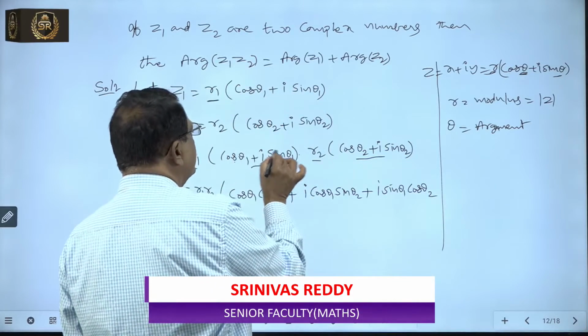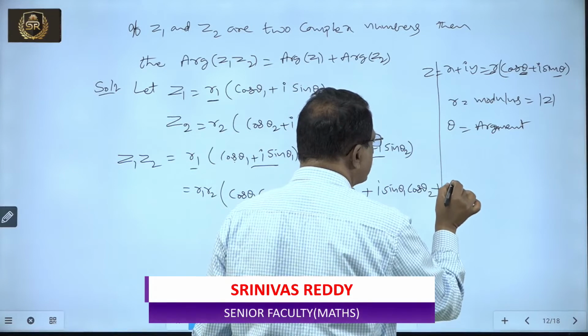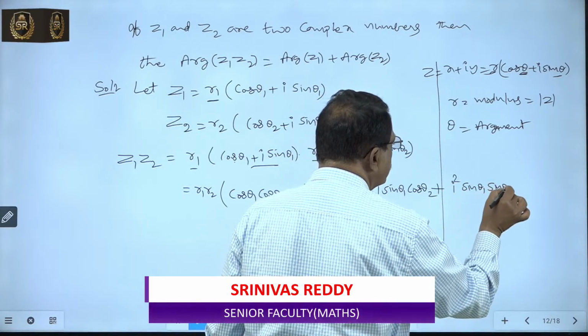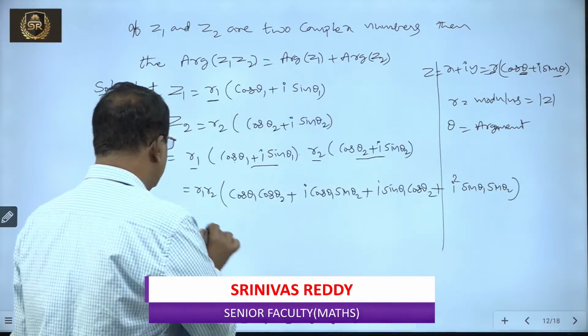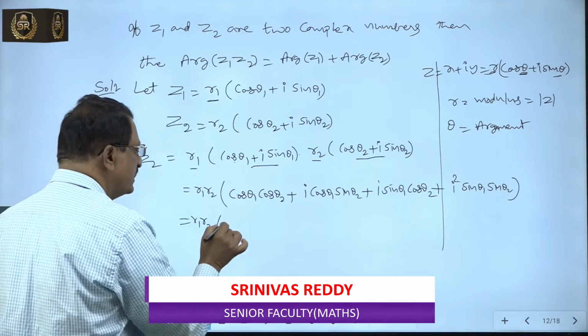Next i sin theta 1 into i sin theta 2, plus i square sin theta 1 sin theta 2. Now that equals r1 r2 cos theta 1 cos theta 2.